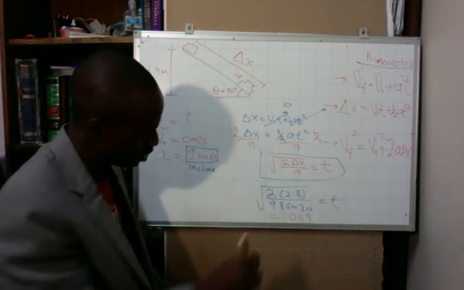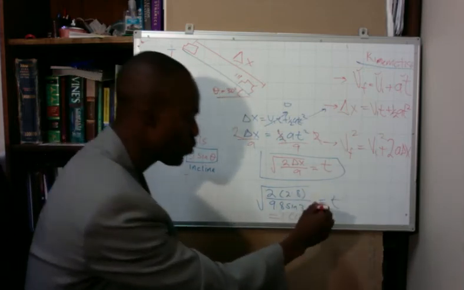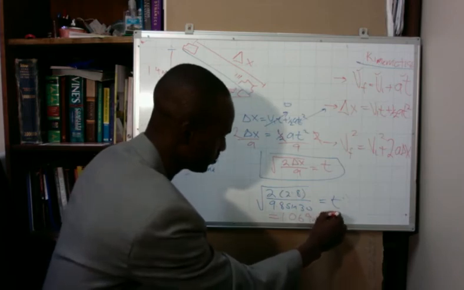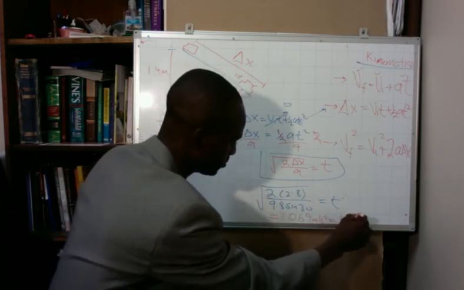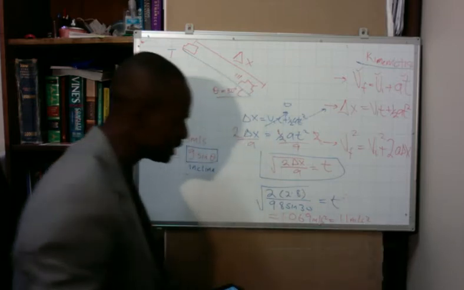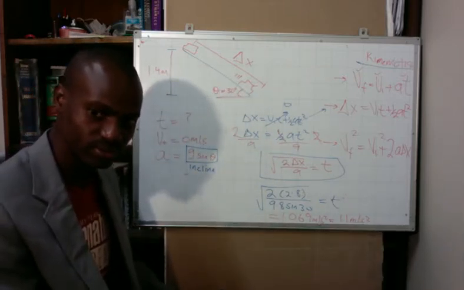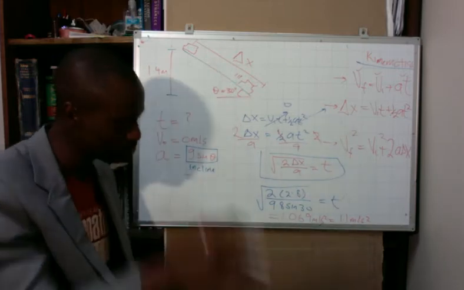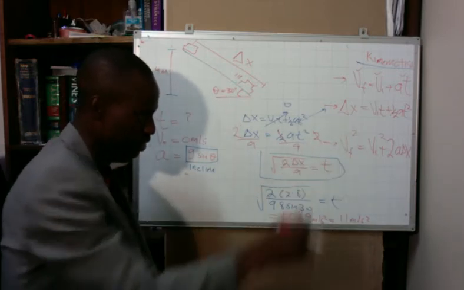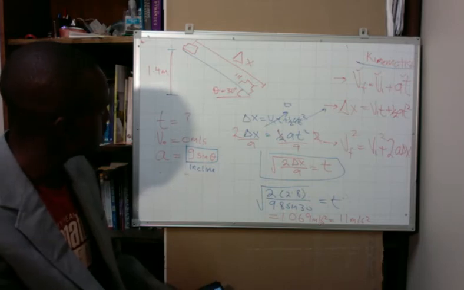1.06 is 1.1. Good. Why is it 1.1 and not 1.0? Because I rounded this 6 up. Good. So 1.1 meters per second.